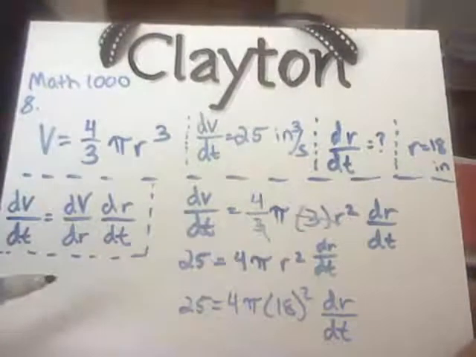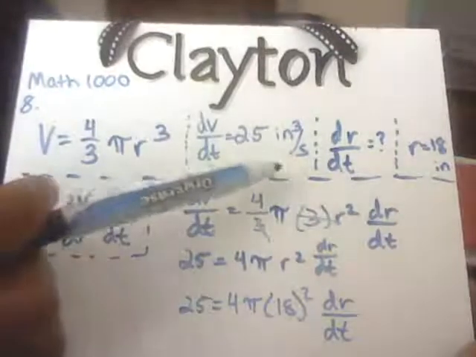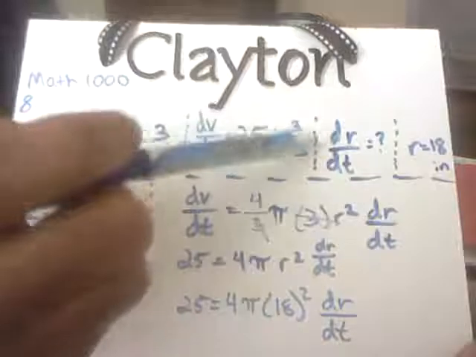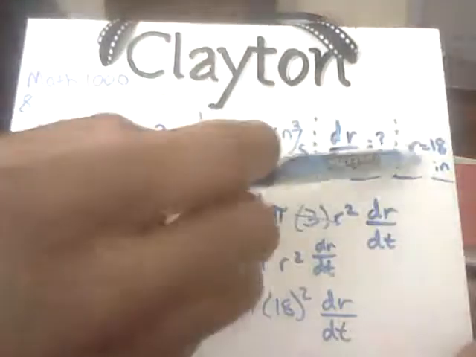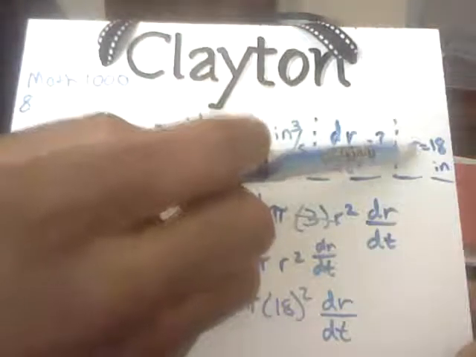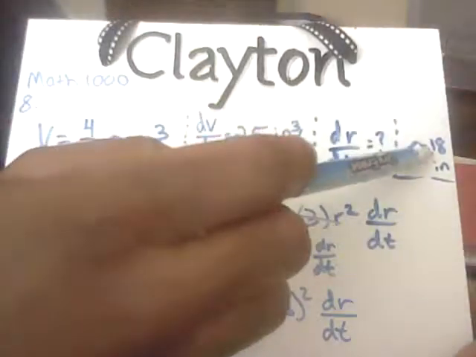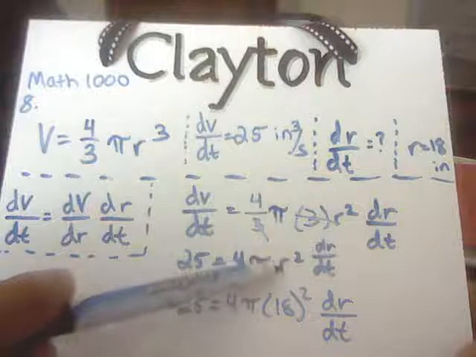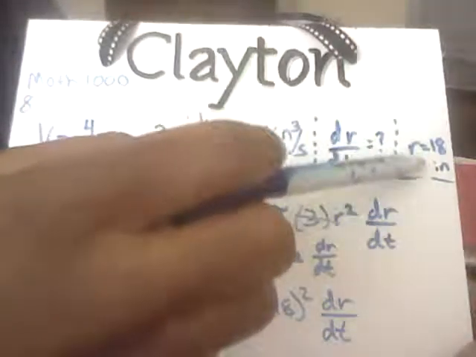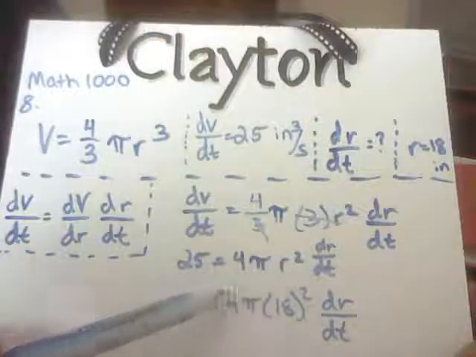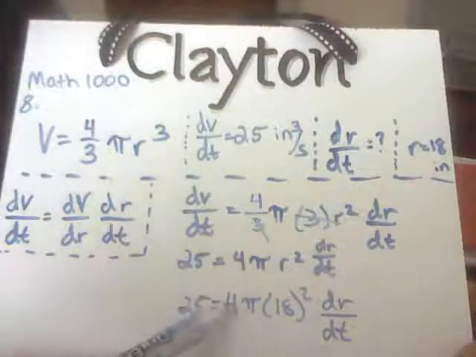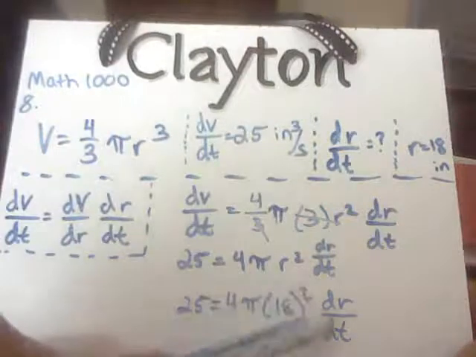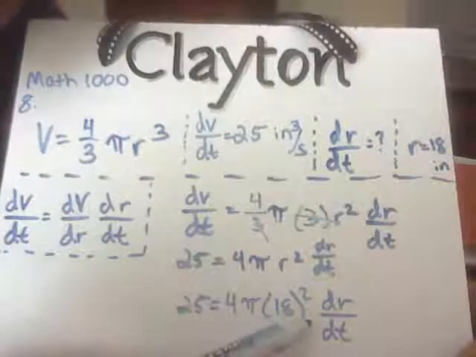Now, the problem told us that we're looking for our rate of change in radius, dr over dt, when r is at 18 inches. So we can go ahead and plug this 18 inches in for r, because that's our instantaneous radius. So 25 equals 4 pi times 18 squared times dr over dt.